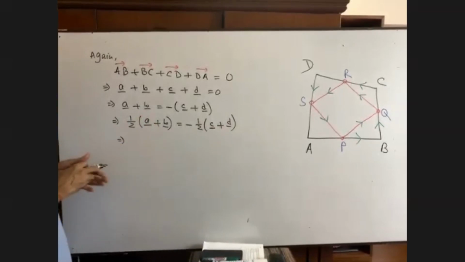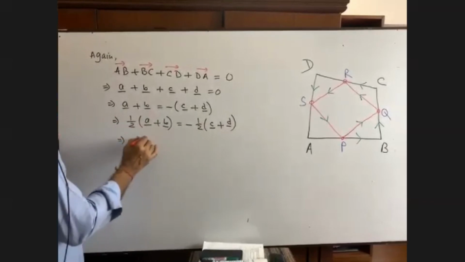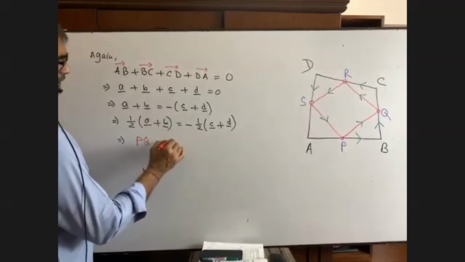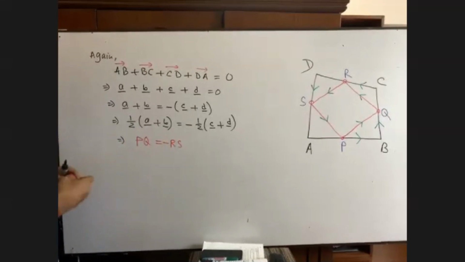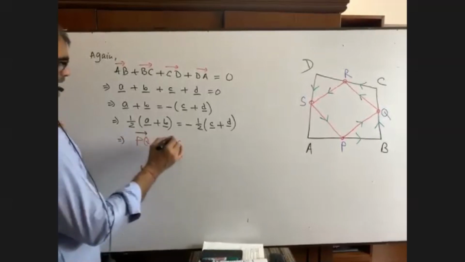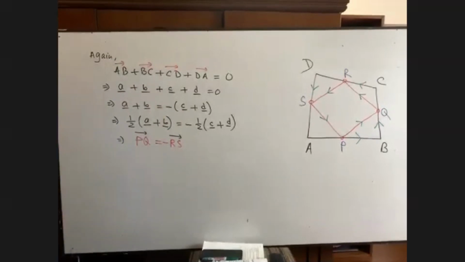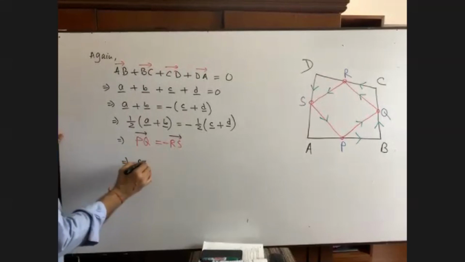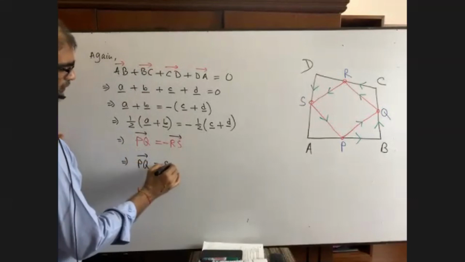PQ, and it is what? Minus RS. Yes, you are right. This is minus RS. So pay attention here. PQ minus RS. At the beginning of vectors, that day I told you, it can be written as PQ equals to, let me know. Yes, sir.